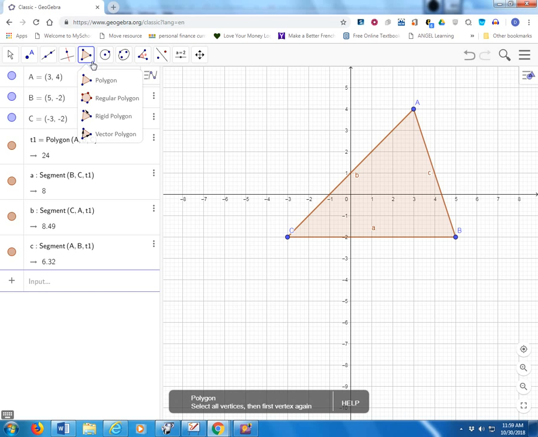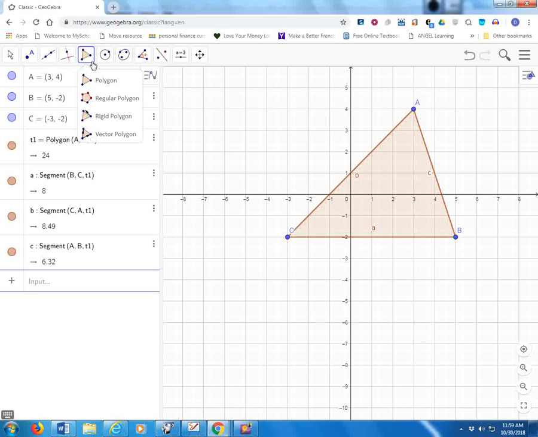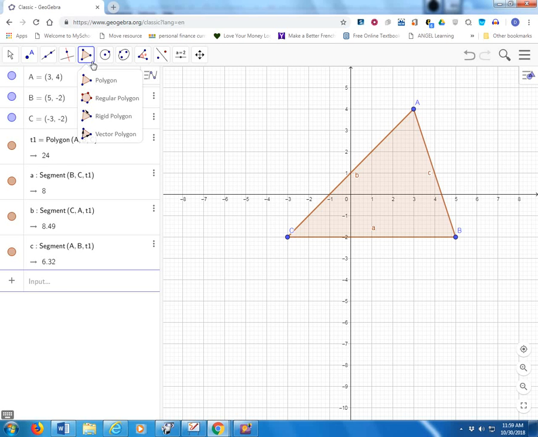Then I selected polygon. And then I just touched the 3 points, and you should get a triangle. You have to touch it 4 times because you go back to the original vertex. Everybody have their triangle? Anybody need help?